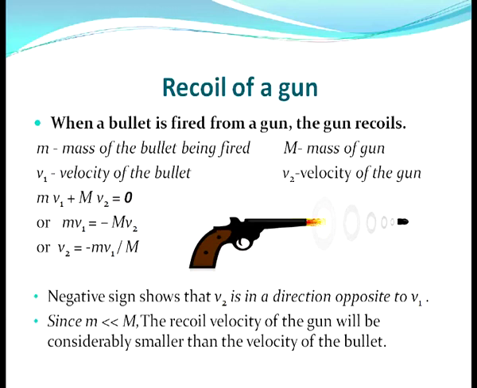Since the mass of the bullet is very much less than the mass of the gun, the recoil velocity of the gun will be considerably smaller than the velocity of the bullet. The velocity of the bullet is very large, but the recoil velocity of the gun is smaller. The reason behind that is the mass of the bullet is very much less than the mass of the gun, and you can find out this value from the equation given above.